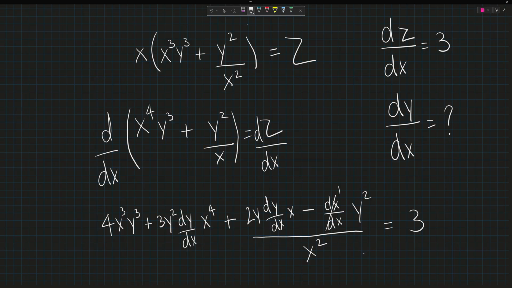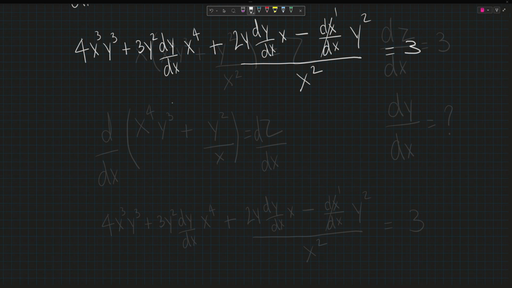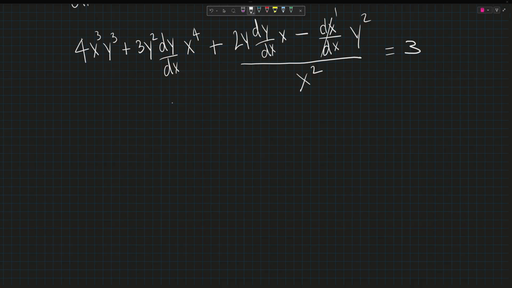You can leave it like this if you can, but technically you're not supposed to, because you're trying to find dy over dx. Now we must separate dy over dx. Okay, to do this, I'm going to first see what I can bring to the right. Okay, I'm going to get the 4x to the third, y to the third, that way.